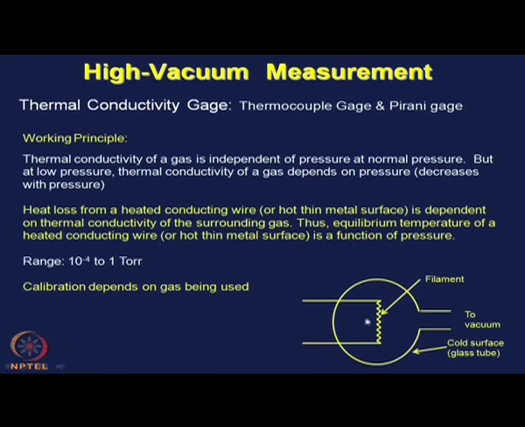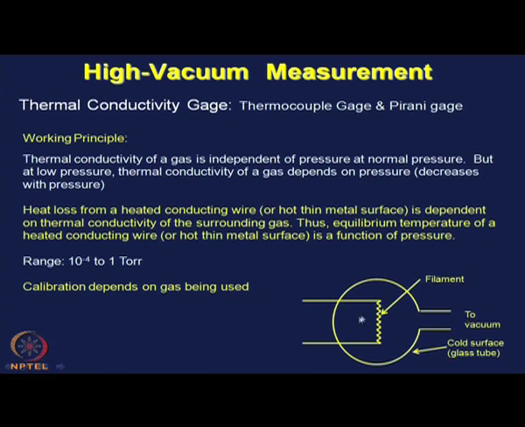So, the temperature of this filament depends on the thermal conductivity of the surrounding gas, and the thermal conductivity of the surrounding gas depends on this pressure. So, the temperature of the filament becomes a function of this pressure. So, if I can measure the temperature of this heated filament, I can relate that temperature to this pressure.